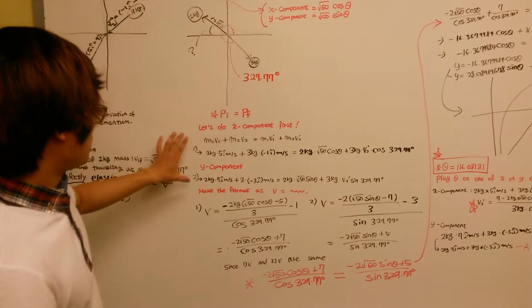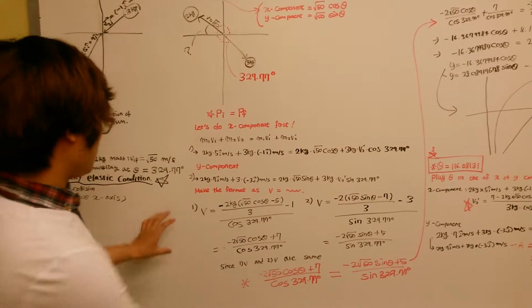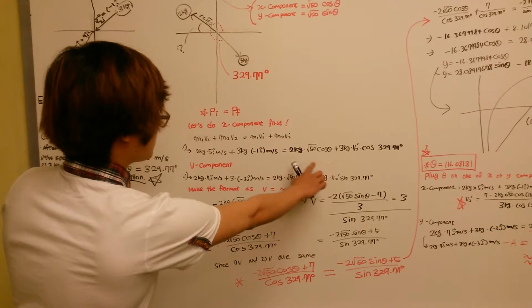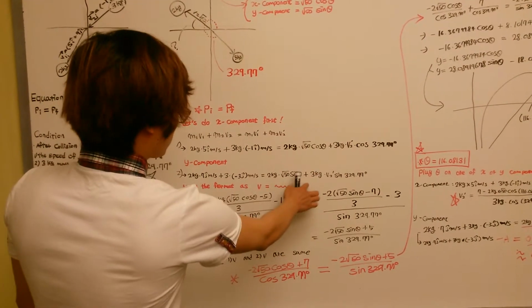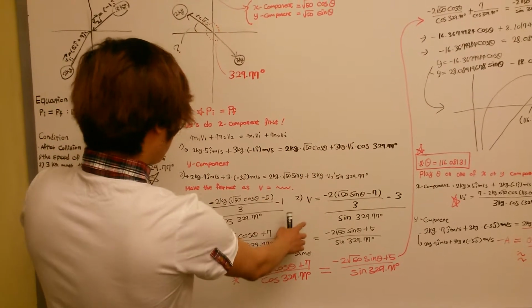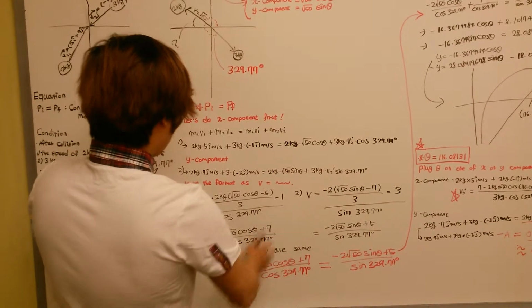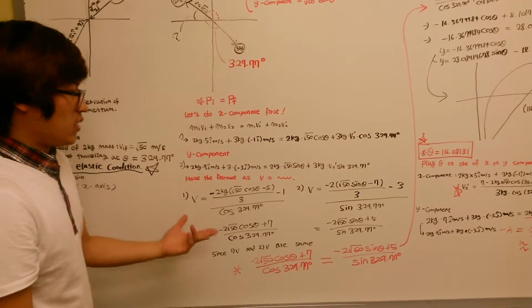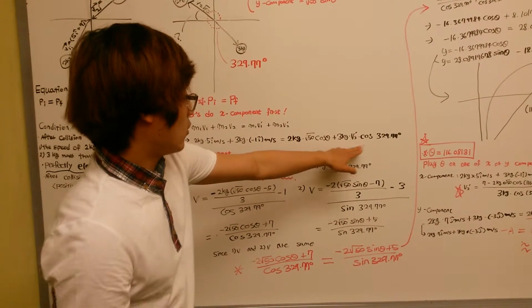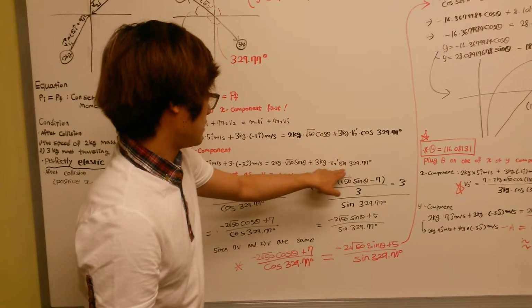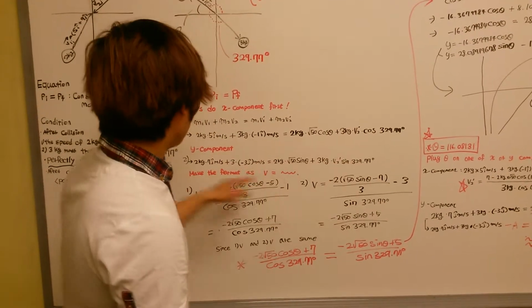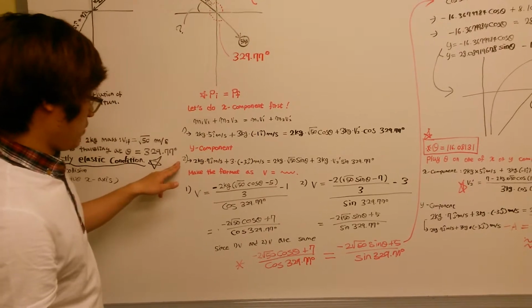From the two equations we can define the velocity, because the velocity is exactly the same in both equations; it's not specifically about the x component or y component. Velocity is the same, and the only difference is cosine and sine to define the x and y components.